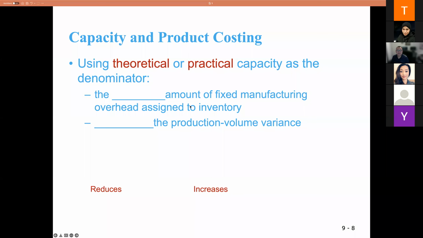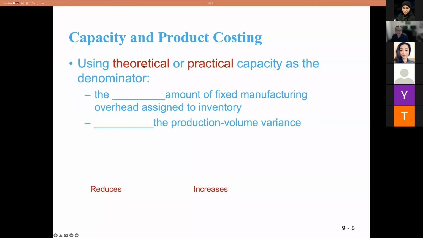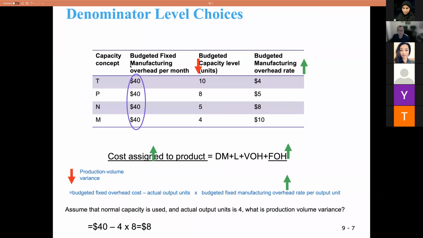Reduce, right? Because if you take a look at the theoretical and practical, these rates are lower, right? 4, 5.